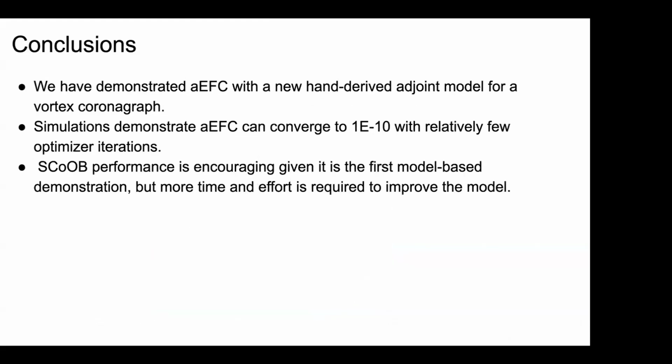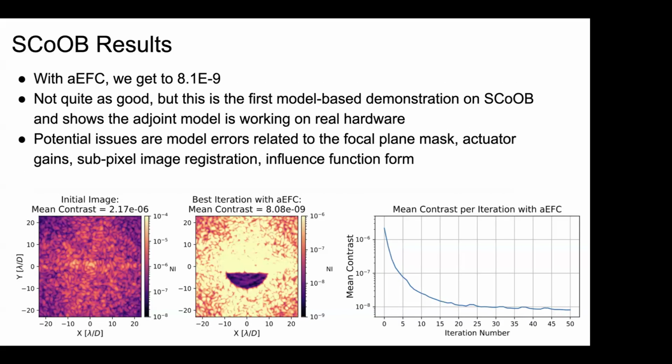How do the computational resources compare for the iEFC and the aEFC? Are you doing all this using like a neutralino computer board? No, we are just running everything on the GPU on our lab computer at the moment. Also, the computational requirements on Scoob for standard EFC or aEFC aren't that bad because we only have 952 actuators.